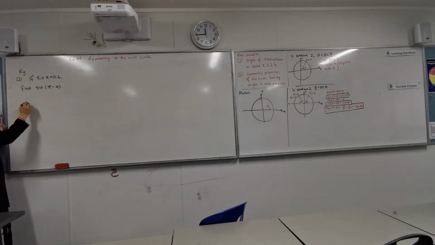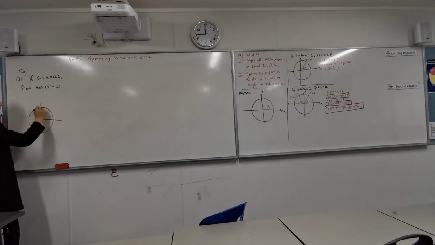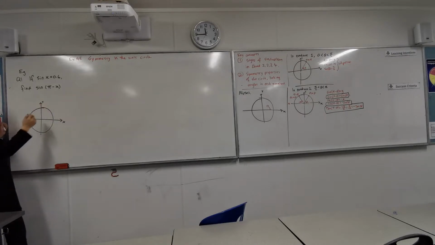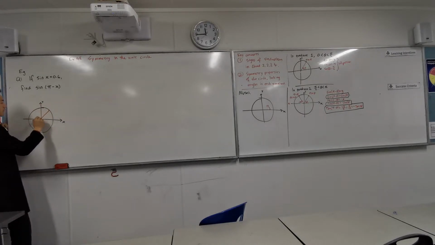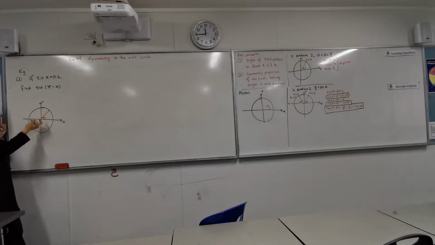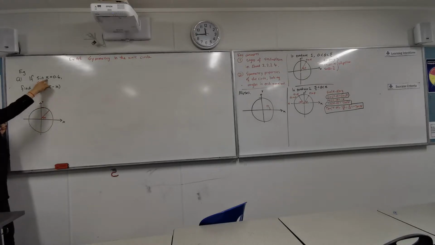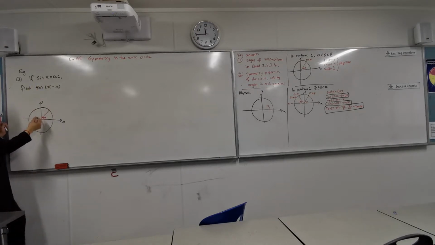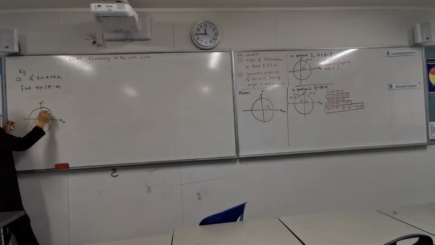Now, if you want to draw a little diagram to represent this, that diagram would look like the following. Okay, so for some value of x, this isn't our x coordinate anymore, this is an angle because the x is sitting with the ratio. So for some value of x, our sine, or the height of this triangle, is 0.6.